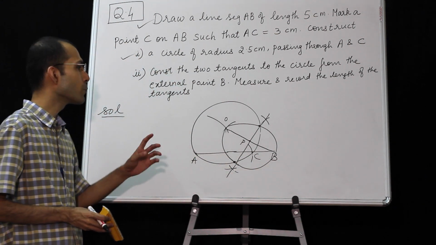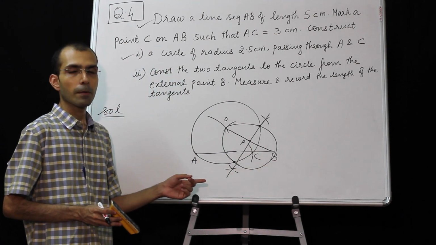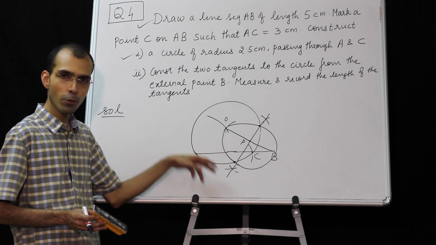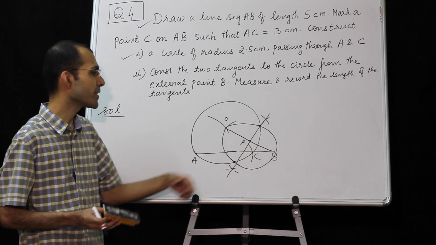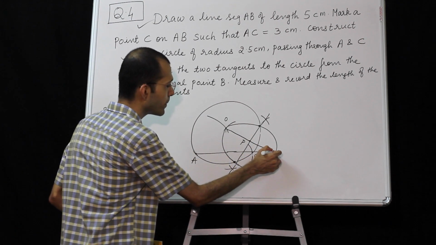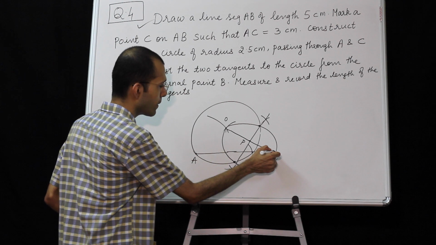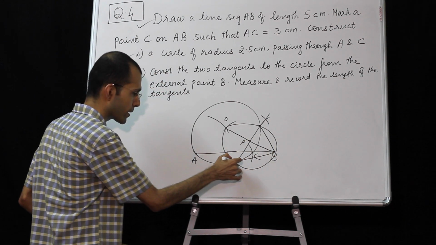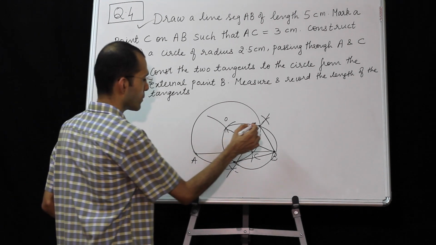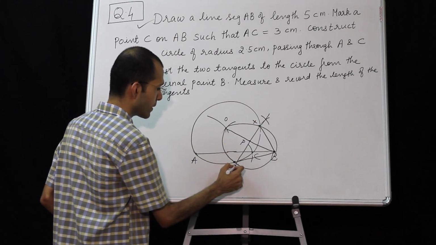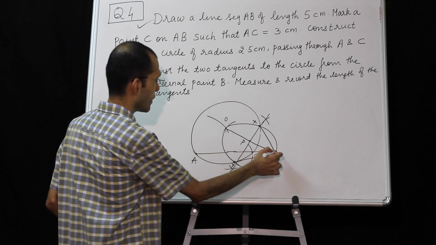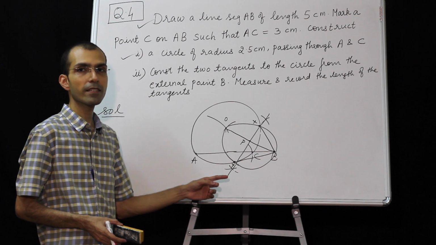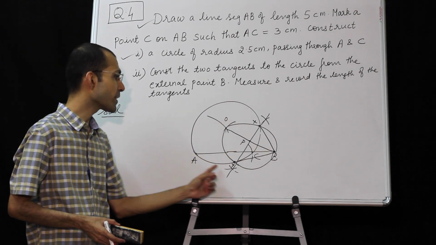Locate those points wherever the two circles meet. And from point B, take a scale and join at those two distinct points. So say BX and BY. BX and BY are the two required tangents drawn to the original circle.